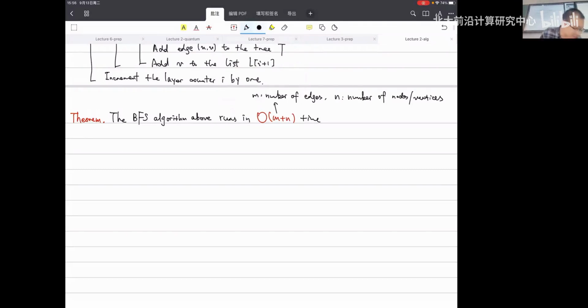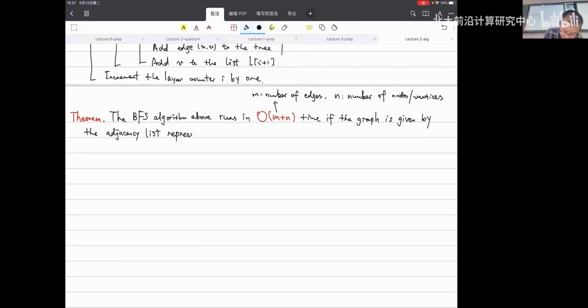So the BFS algorithm runs in time O(M plus N) if the graph is given by the adjacency list representation, which we introduced last time.